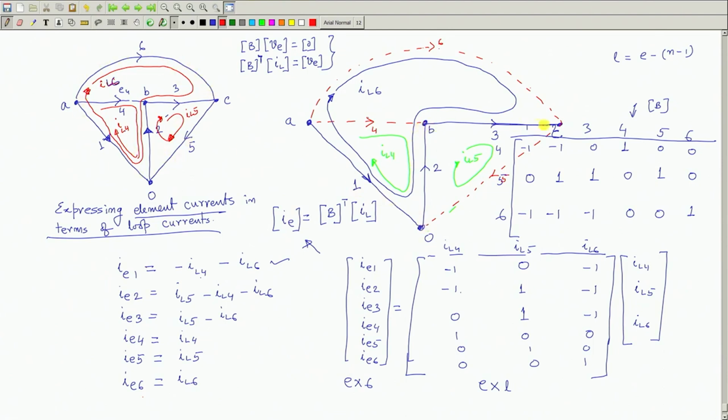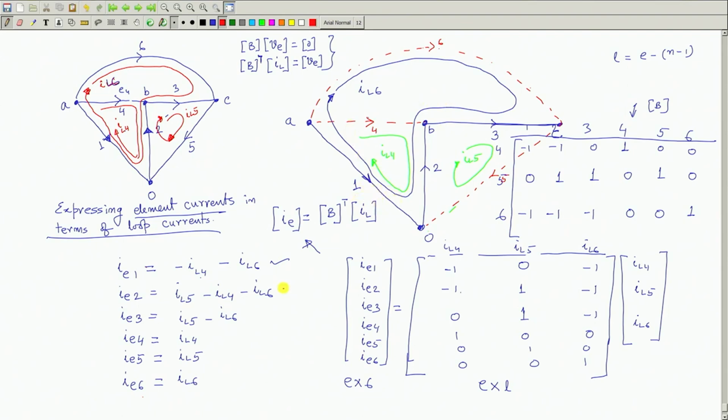Then from that we chose one tree, the firm blue line, and the dotted red lines are the links. For each link, if you put one link, a closed circuit will be formed, and we wrote down the KVL equations in these three fundamental loops.